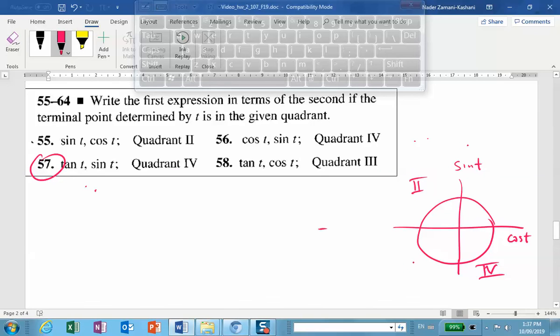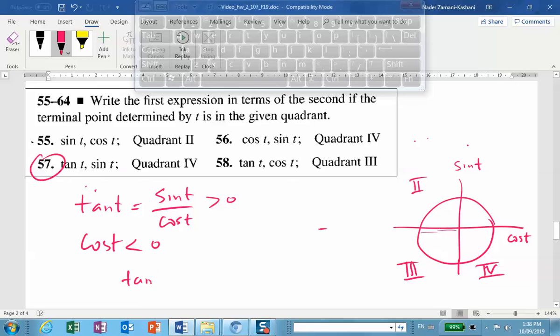We are in quadrant 3. In quadrant 3, first of all, tangent, which is sine over cosine, incidentally, is positive. And cosine of t, you can see this, you're here, cosine of t is negative. All right, so we have tangent of t equal to plus or minus square root of 1 minus cosine squared t divided by cosine of t.